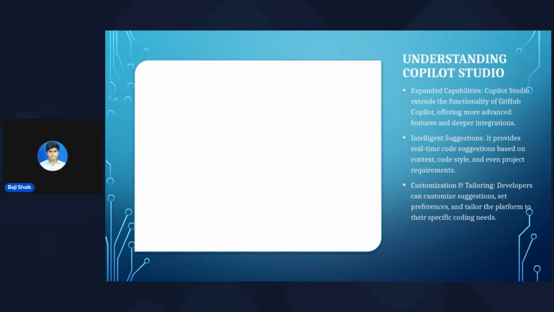This is how you can customize your suggestions, and you can customize your queries according to the project and the requirements. Next, you can set preferences: how you want suggestions, what the problem is, and what type of solution you need. So this is how you can use Copilot Studio in your daily working scenarios.